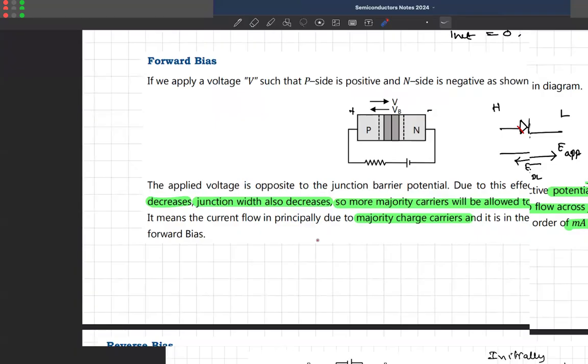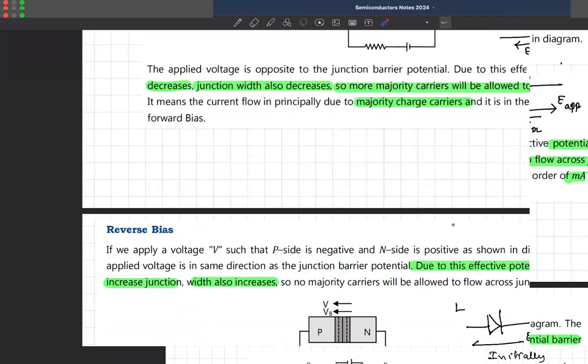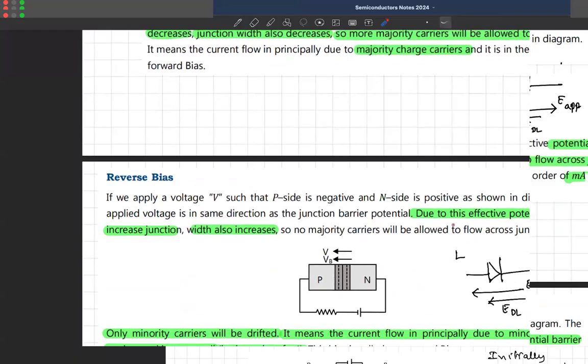It won't be zero. So majority carriers will be allowed to flow through the junction, and the current is majorly due to majority charge carriers. This is of the order of milliamps.